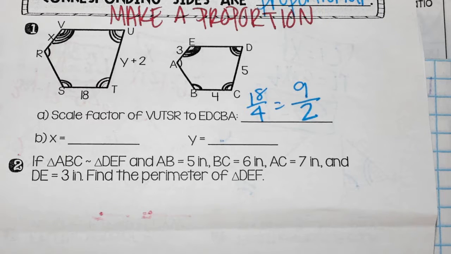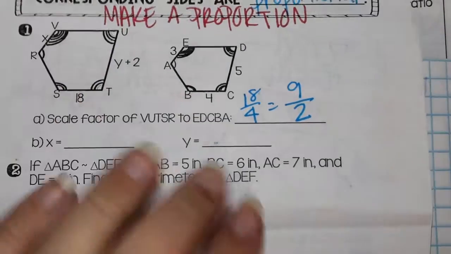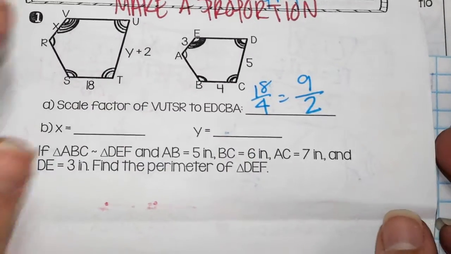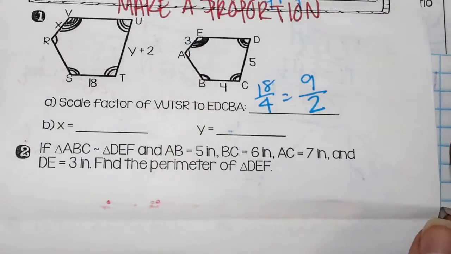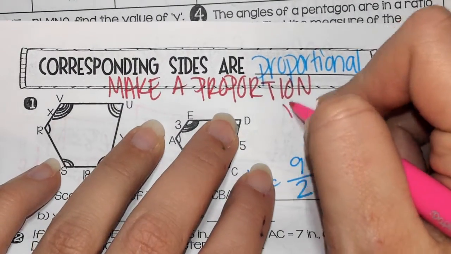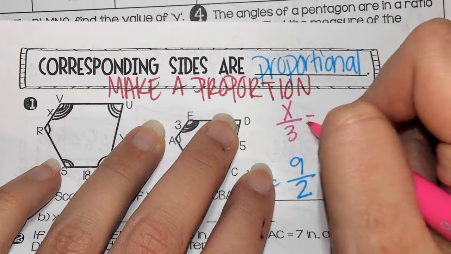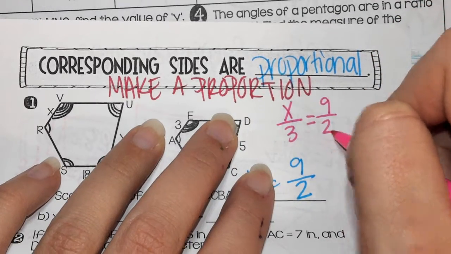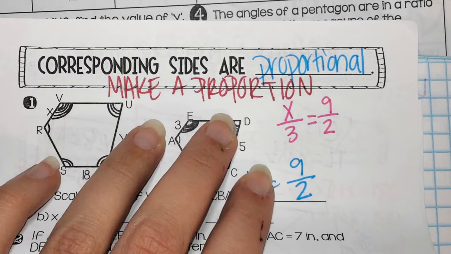So now, to find x, what side does x correspond with? 3. Now, does x equal 3 or is it proportional to 3? Proportional. So you're going to do x divided by 3 equals 9 divided by 2, and then you cross multiply.